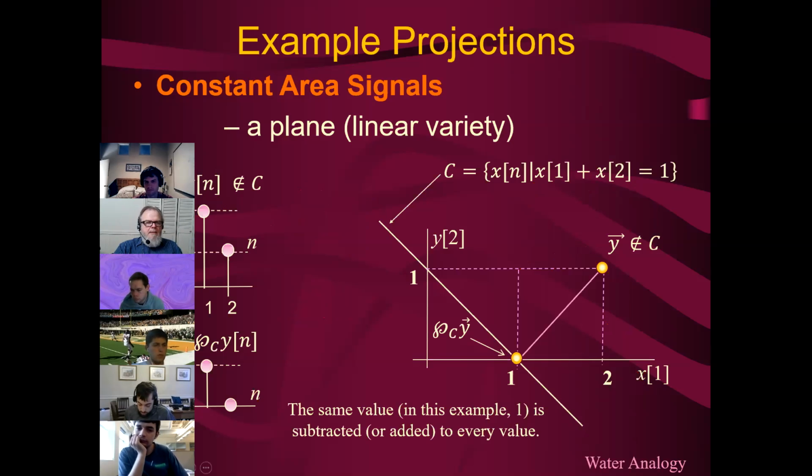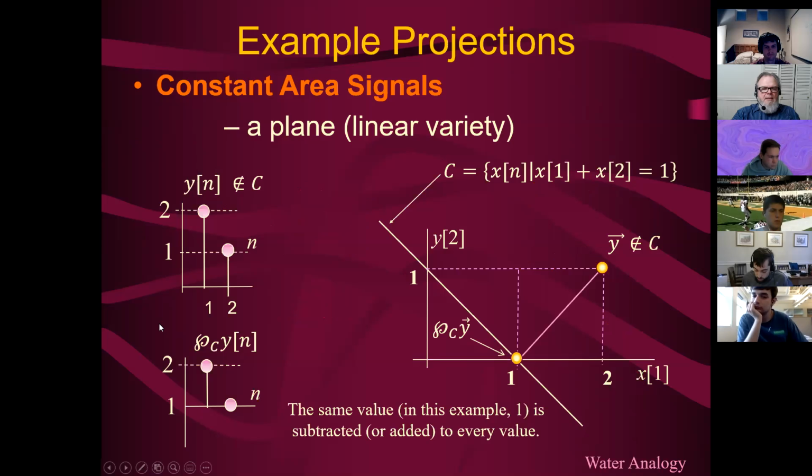So again, this is explained at this point. It says the same value in this example, 1, is subtracted or added to every value. So if we take this value, notice that this is exactly what we have. And we're going to lower the water level so that this becomes 1 and this becomes 0. Is that okay? Do you see the idea of reducing the water level?